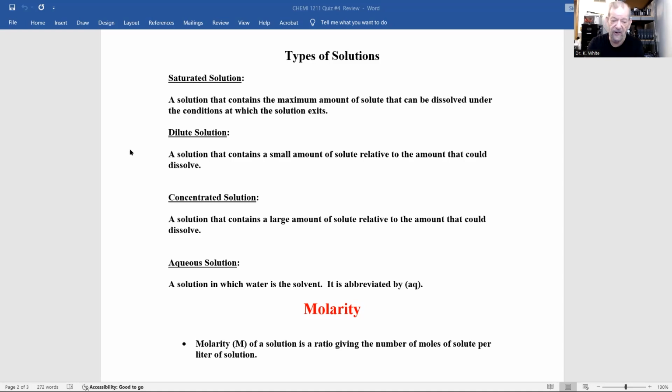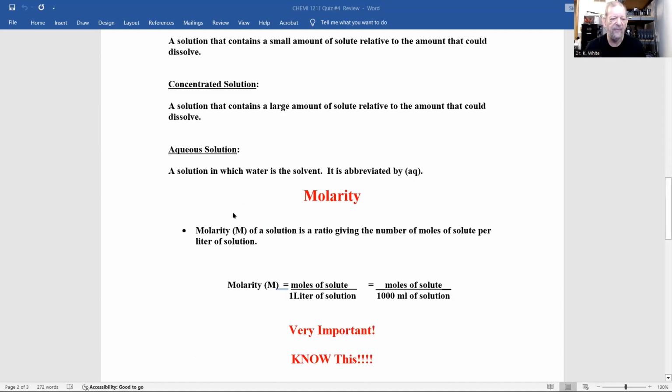A concentrated solution, like concentrated orange juice, contains a large amount of solute relative to the amount that could dissolve. And finally, one of the most important, aqueous solution. An aqueous solution tells you that the solvent of that solution is water.